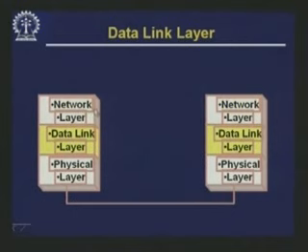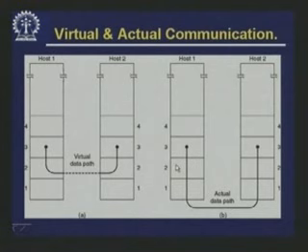So, this multi hop part we leave it to the network layer. For this single hop, multi hop naturally will constitute a number of such single hops, and data link layer would handle the transfer of data from one node to the next one hop. So, actually this is another way of looking at it, because there is a virtual data path from layer 3 to layer 3, but actually this goes through the data link layer, and this is the actual data path which goes through the physical layer and some physical transmission medium.